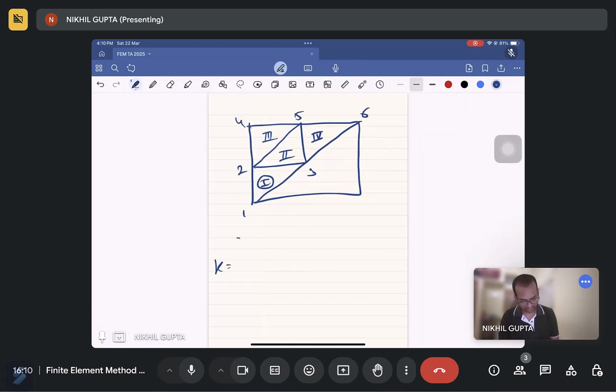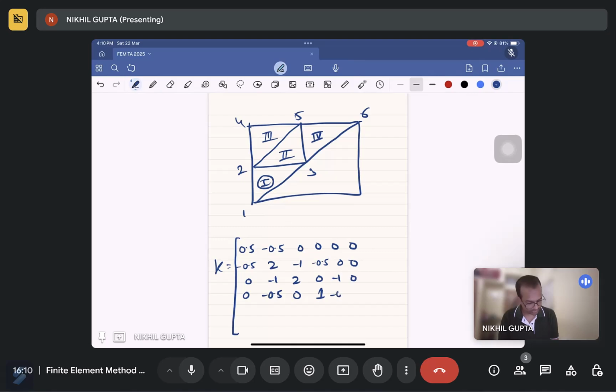When we make the global stiffness matrix, we'll get 0.5, minus 0.5, 0, 0, 0, 0, then minus 0.5, 2, minus 1, minus 0.5, 0, 0, then 0, minus 1, 2, 0, minus 1, 0, then 0, minus 0.5, 0, 1, minus 0.5, 0, and so on, ending with minus 0.5 and 0.5.